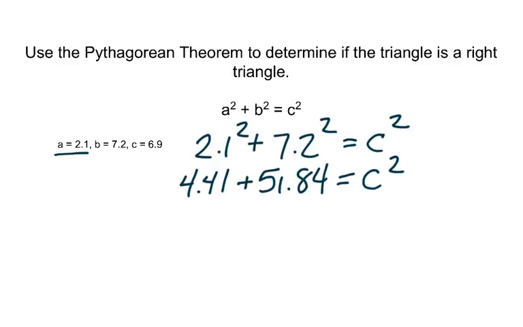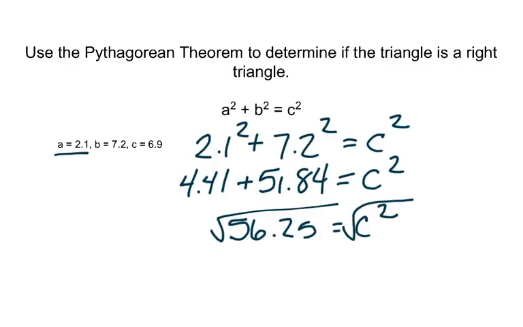When I add those together, I get 56.25 equals C squared. I'm going to find the square root, and I get C equals 7.5.